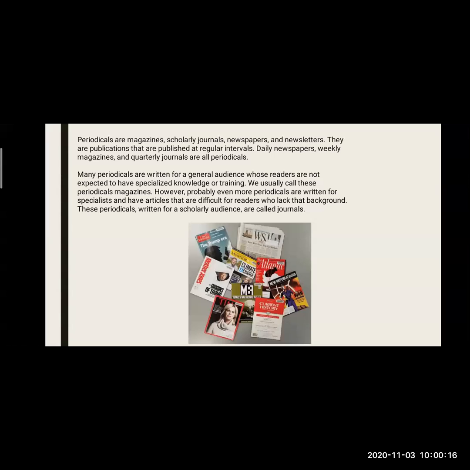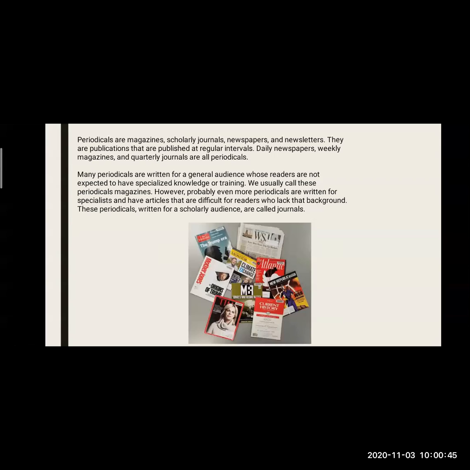Now, many periodicals are written for a general audience, like a normal audience whose readers are not expected to have specialized knowledge or training about a particular field. We usually call these periodicals magazines. However, probably even more periodicals are written for specialists and have articles that are difficult for readers who lack the background, such as periodicals in the field of science, psychology, history, or technology.